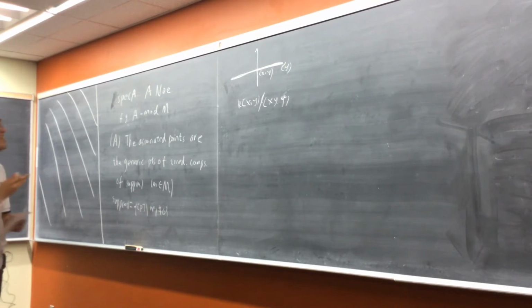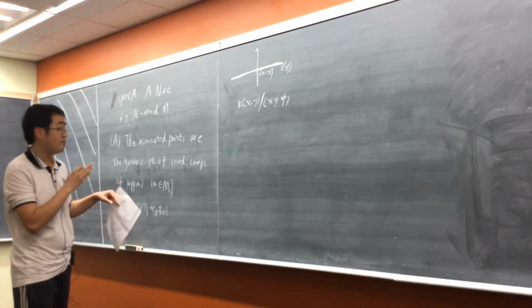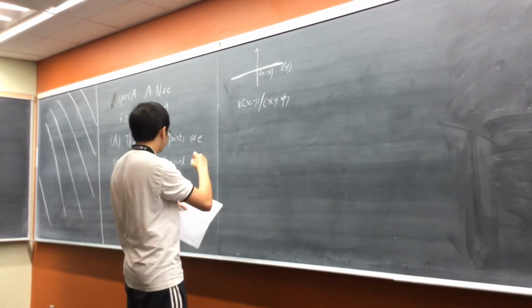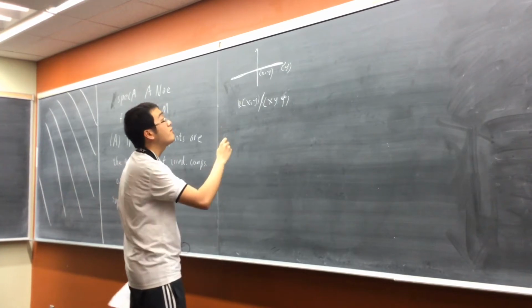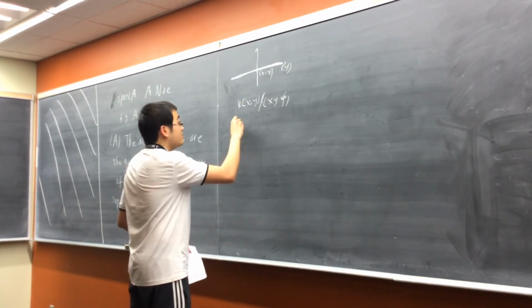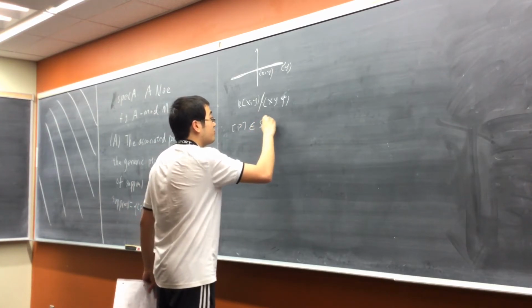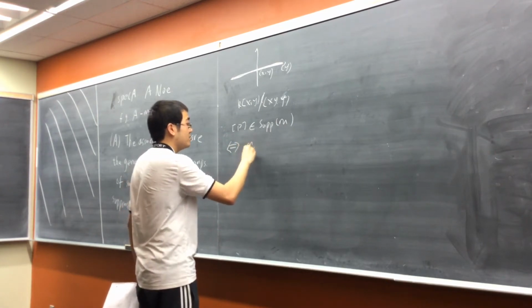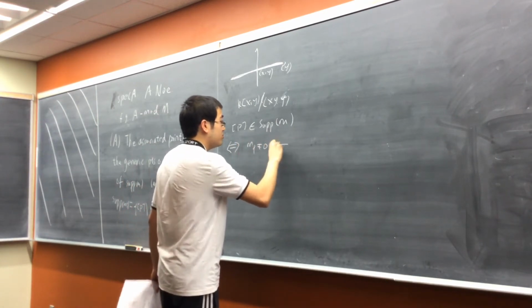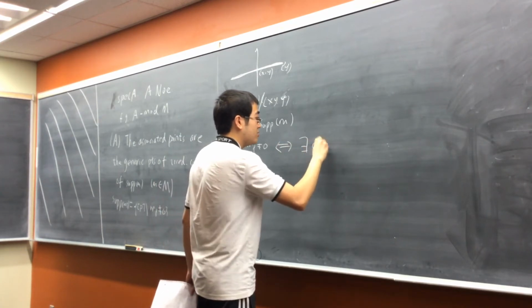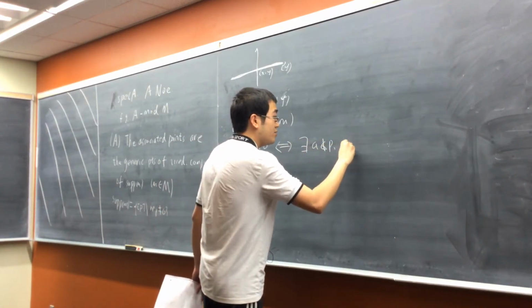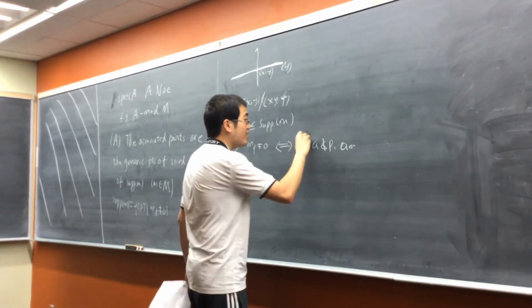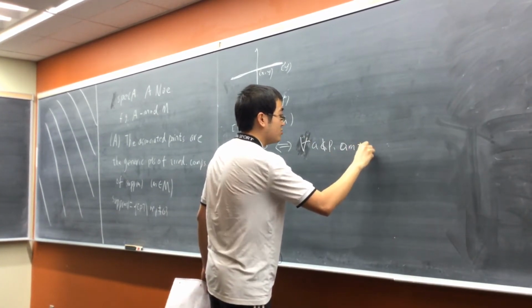To be honest, I always felt a little bit confused about this definition at the beginning, so right now I will talk a little bit about the algebraic version of this story. What is the support of m? P is in the support of m only if m_P is not equal to 0, which means for any a not in P, am is not equal to 0.